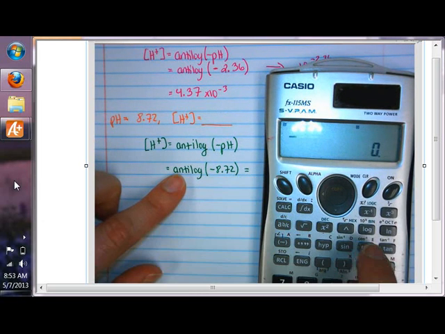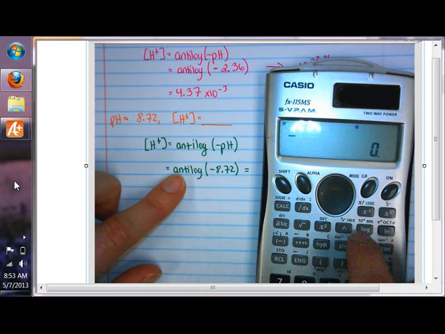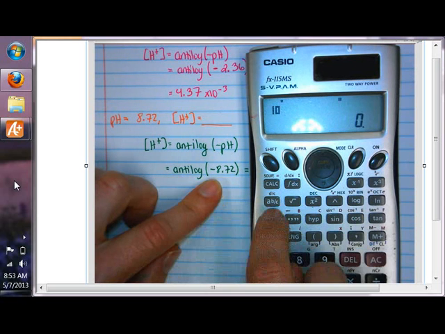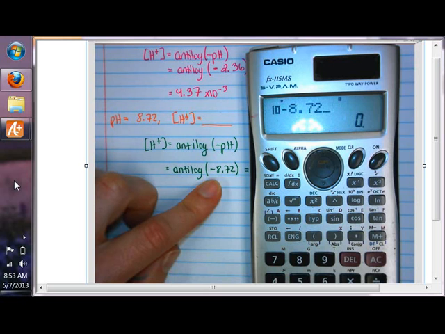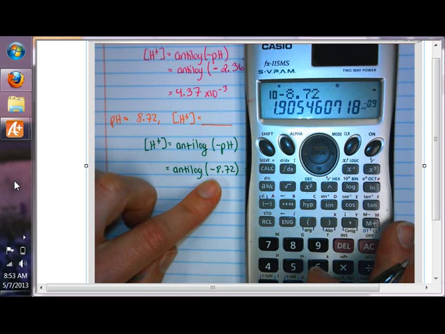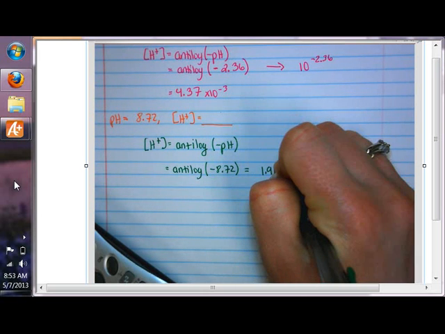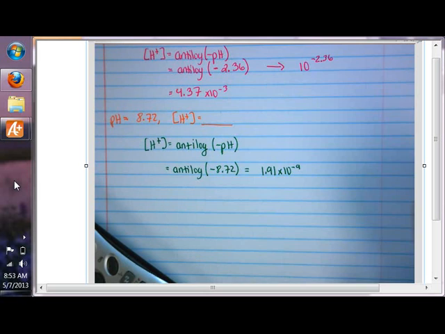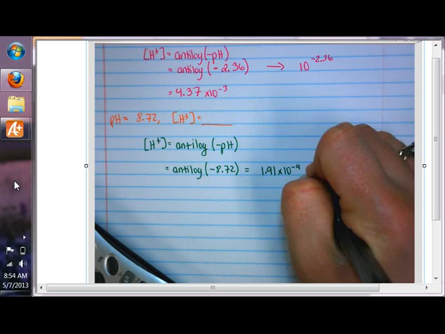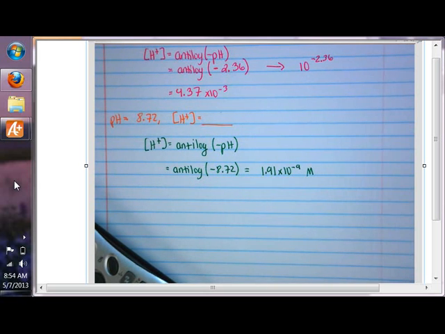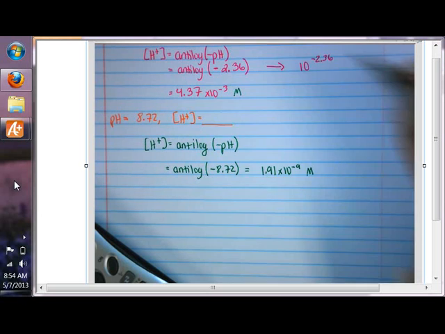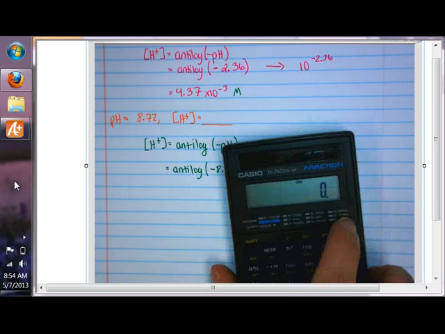So the antilog is just shift or second log. So shift, hit the log button, and I do the negative pH, negative 8.72. And that gives me 1.91 times 10 to the negative 9th for my H+. And technically it's molarity, so I could go ahead and write in my units there.